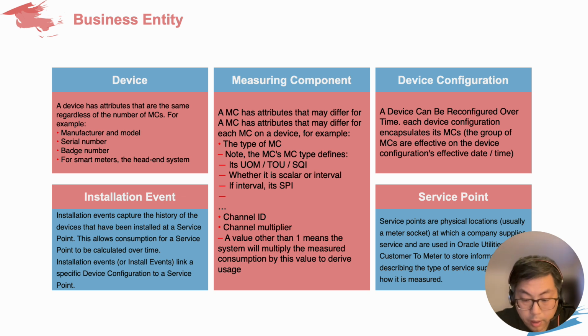Okay, so remember on the mapping we have service point mapped to both a combination of premise and service point in CCMB. Now in CCMB, the concept of premise is the location. So what is the address?